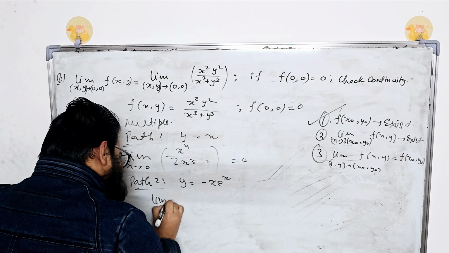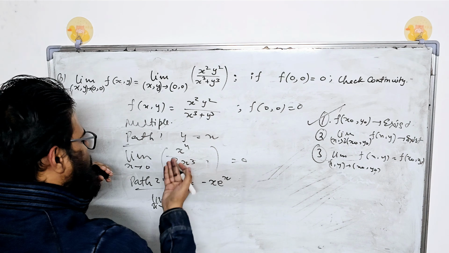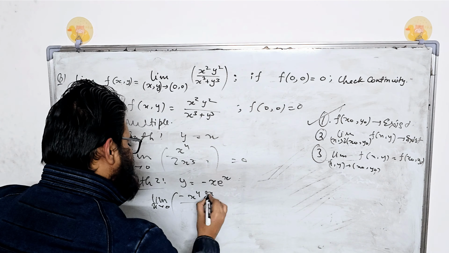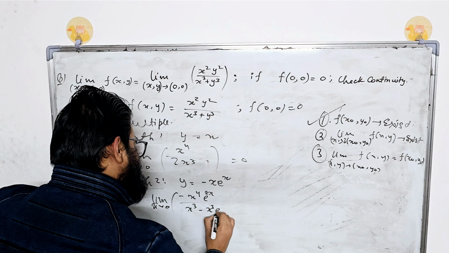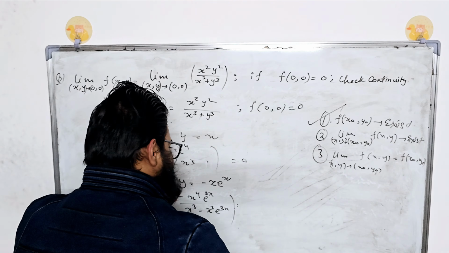So limit as x tends towards 0, just substitute this function. So you will be getting negative x to the power 4 e to the power 2x divided by the quantity x cube minus x cube e to the power 3x, correct? Now just use the Taylor expansion of e to the power x.